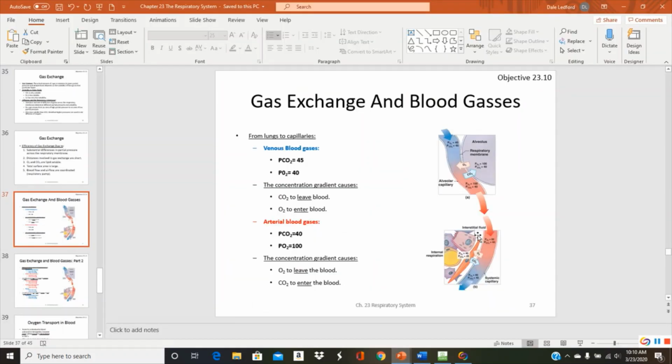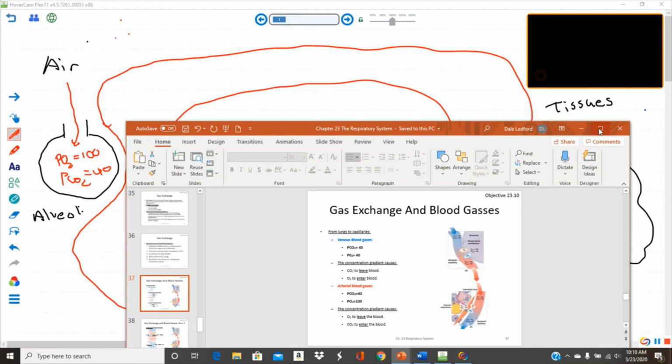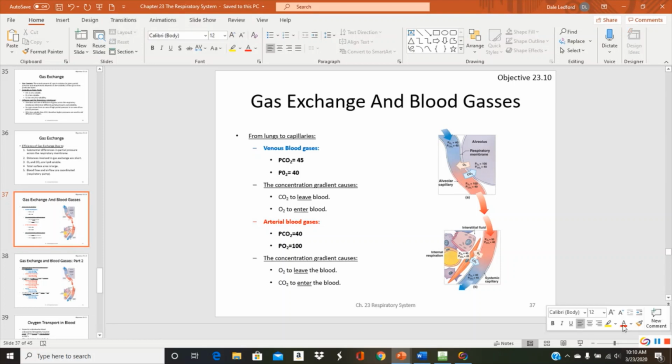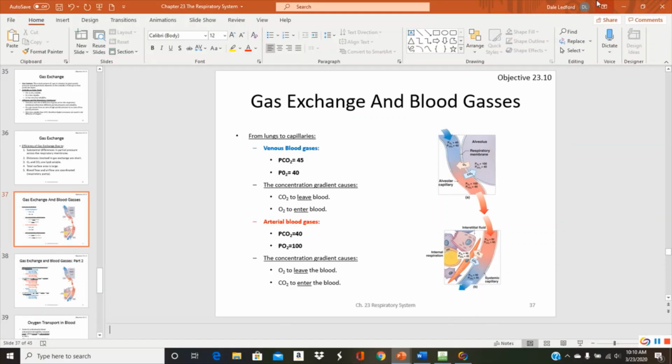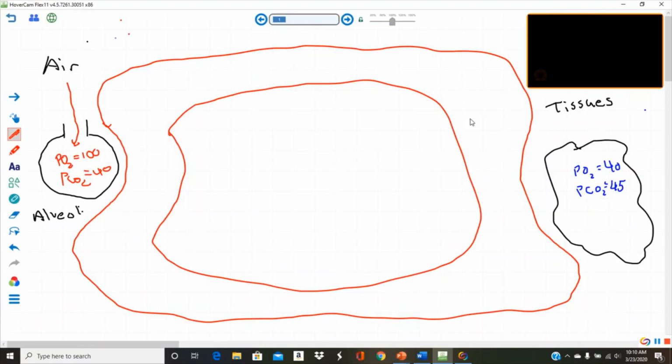Okay, so as you can see, we've got these values in here for the tissues and the alveolus. Now, what we want to do is to understand a few things here. Venous blood and arterial blood.